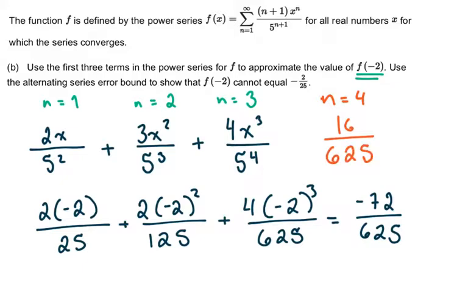And so what that means is that if I add these two together here, that's going to surpass the actual summation of the infinite series. So when we add these together, we end up with a number that's less than negative 2/25, which is why that's not in the range of our error.